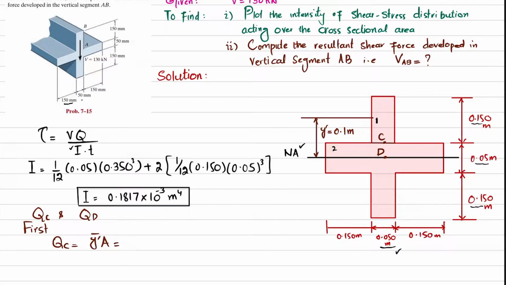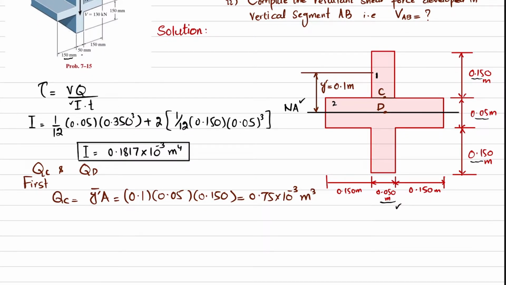How? You can see that half of this is 0.075 and half of this is 0.025, which gives 0.1 meter. So we write y dash is 0.1 and area is 0.05 into 0.150. When you solve it, it will be 0.75 into 10 raised to the power minus 3 cubic meter.